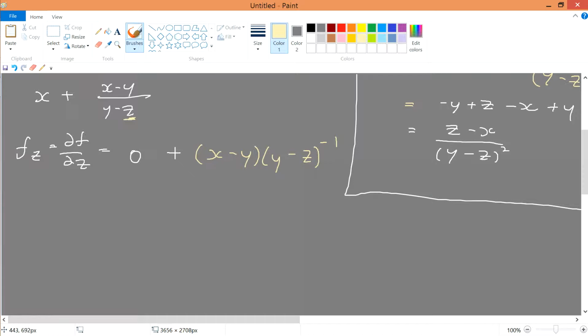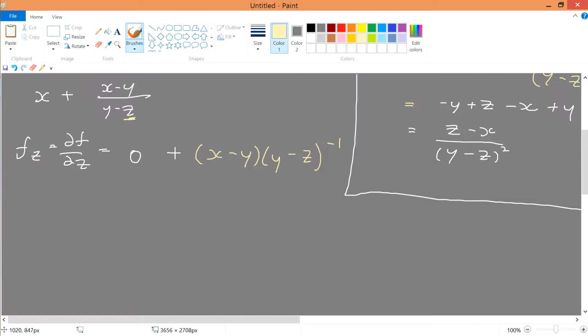So I'm just simply changing this: 1 over y minus z is equal to y minus z inverse 1. This is how you rewrite things. If you forget or are not aware of this, then I suggest you should really know it if you are doing this stuff, because this is a common type of thing that exam questions always ask.